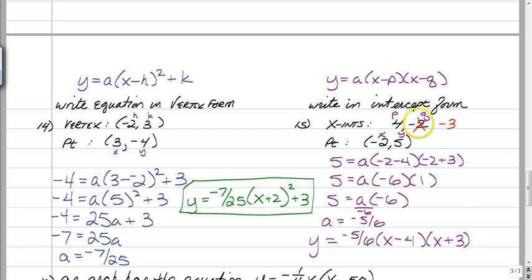Okay, again, I'm changing that -2 to a -3 so you can see that it actually does work out. The first one wasn't going to work. So this is your final answer in intercept form. So make sure you take a couple of minutes to study these two formulas. You will need to know them for tomorrow.